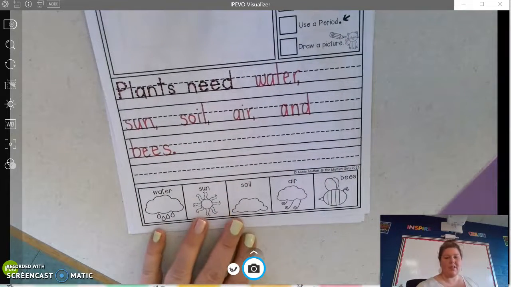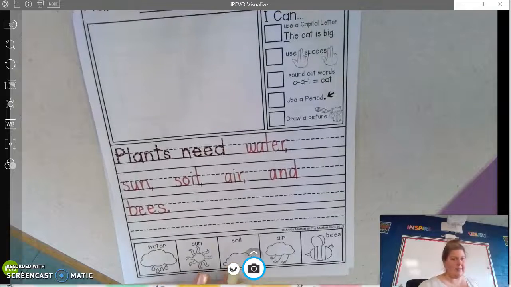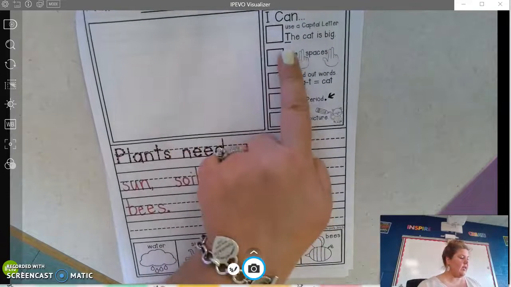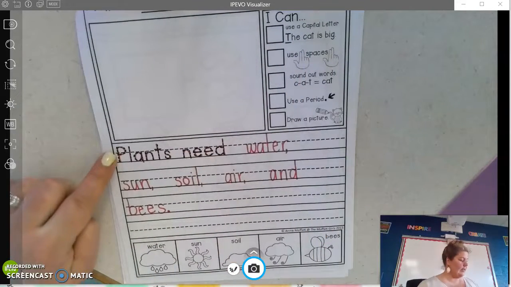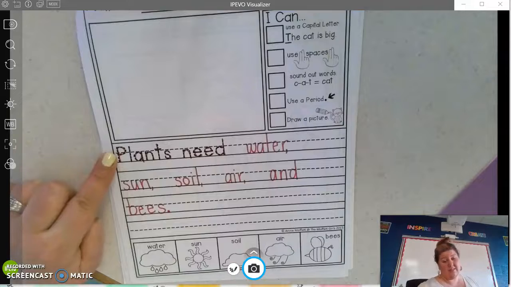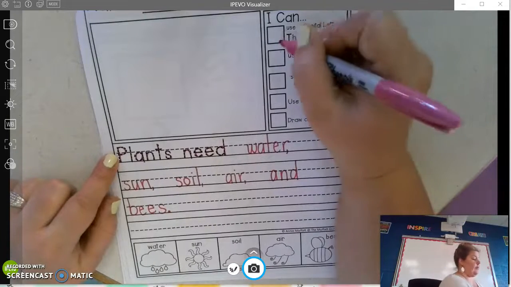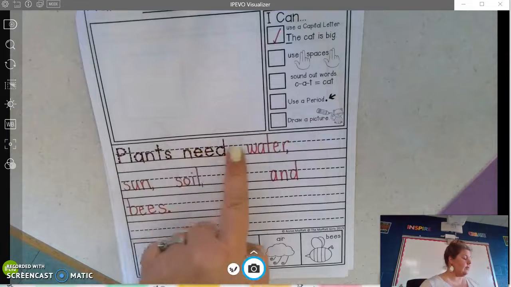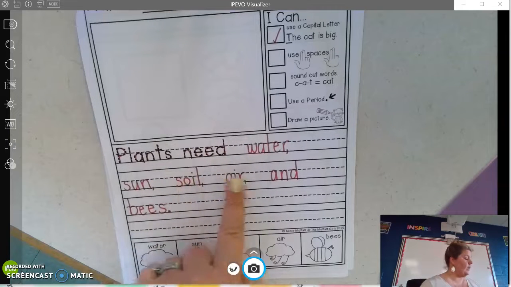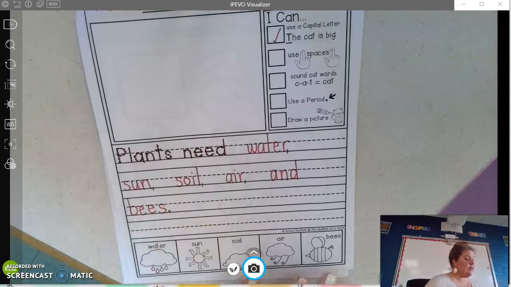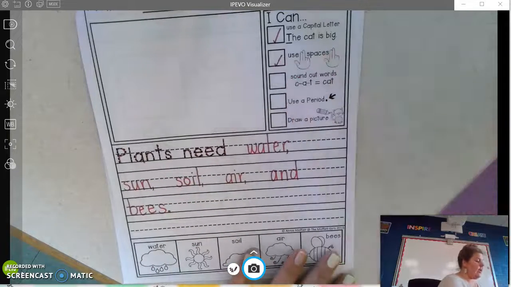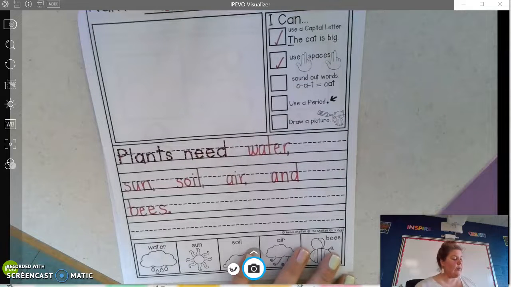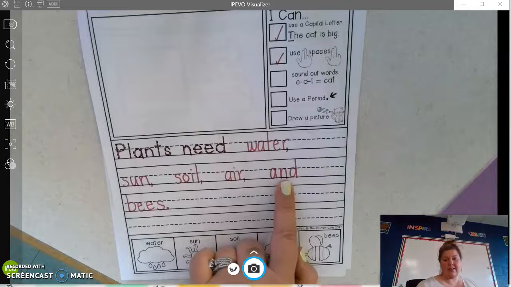Okay. Let's go through our checklist. I can use a capital letter. I only wrote one sentence, and the first letter is capital. Check. I used finger spaces. There's a finger space between every word. Check. I sounded out the words I didn't know. Did you sound out and?